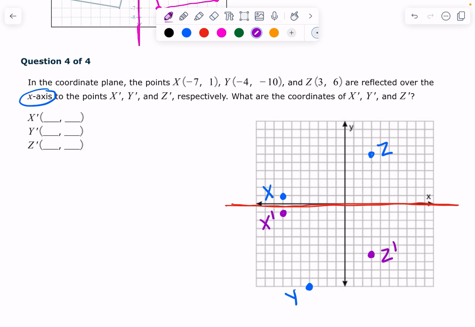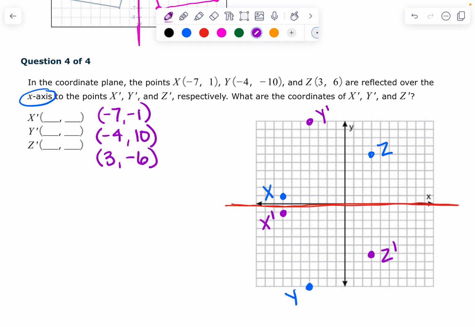And then Y prime will be 10 above. So then I can write down the new coordinates there for that. So this would be (-7, -1). Y would be at (-4, 10). And Z is going to be at (3, -6).